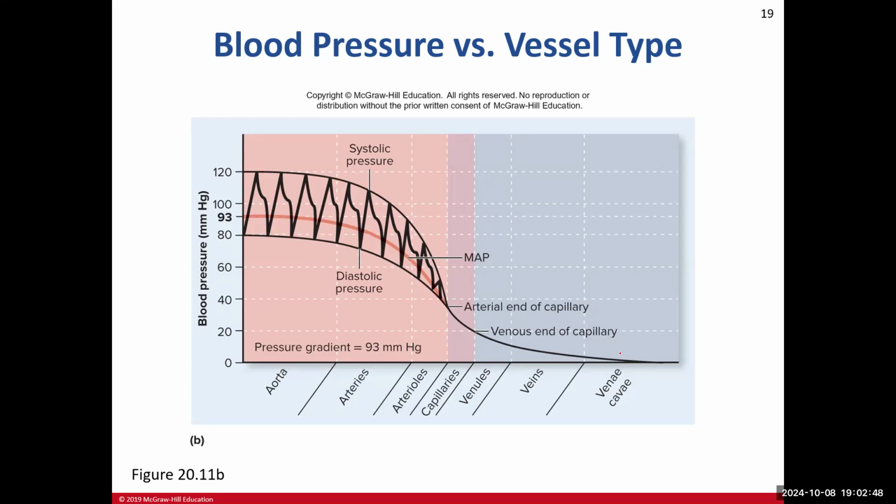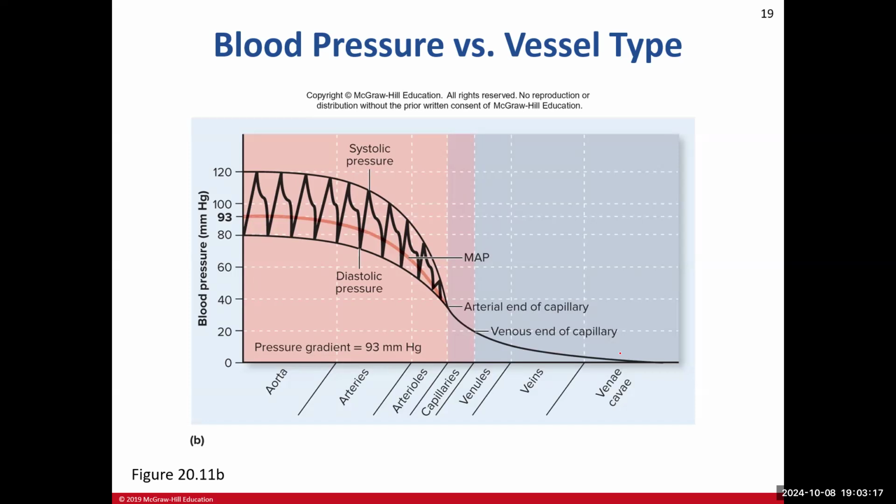I just want to point out some of these concepts here. One is as we move away from the heart, through into the venous system, our blood pressure just gets less and less. In the arterial system, in the aorta, the arteries, and the arterioles, the difference between the systolic pressure and the diastolic pressure becomes less and less.